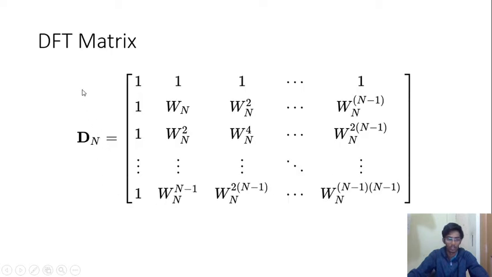This is how the DFT matrix would look, with all these values at 1 and extending up to the final value.